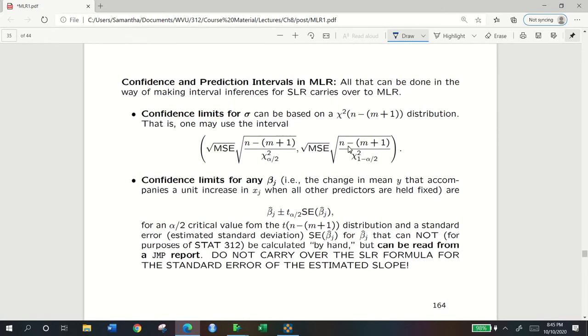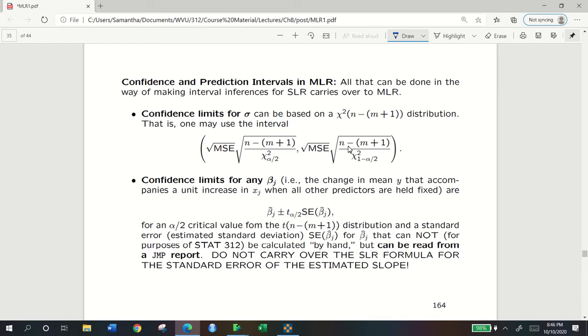And so this finally leads us to the final focus of this lecture, and that is making confidence and prediction intervals in multilinear regression. To start with, we're going to be making confidence limits for sigma and confidence limits for any predictor. Our confidence limits for our standard deviation are going to be based on the chi-square distribution with degrees of freedom n minus the quantity m plus 1.